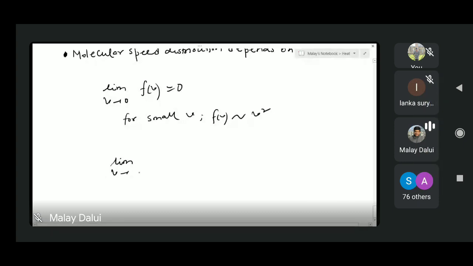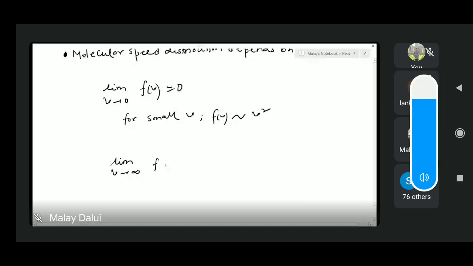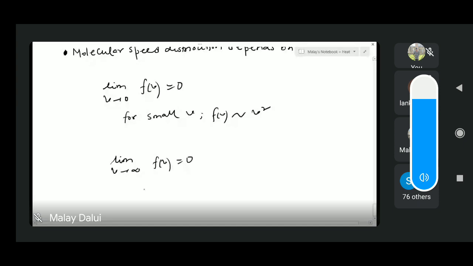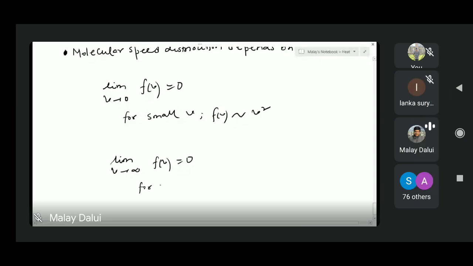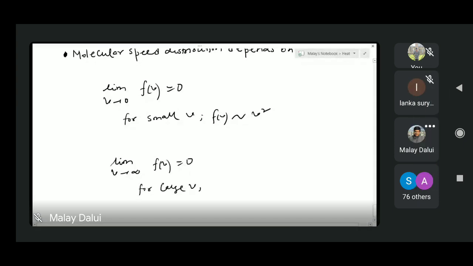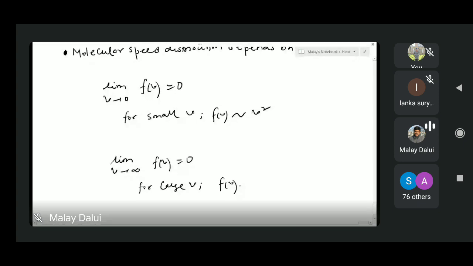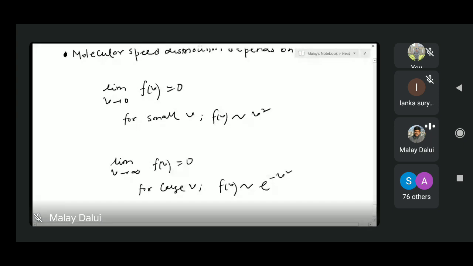In the other limit, v tends to infinity, f of v is also 0, because for large v the exponential takes over, going as e to the power of some constant times v square.